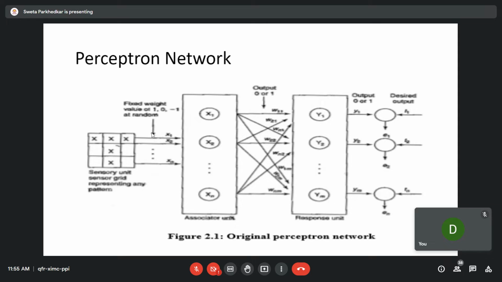Okay, so in the perceptron, the weights present at the input end are fixed and the weights connected to the response unit are trainable. You can change this type of weights.